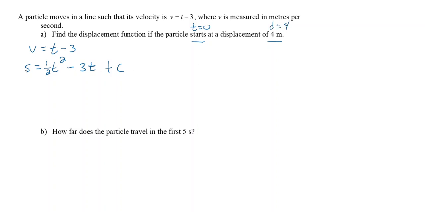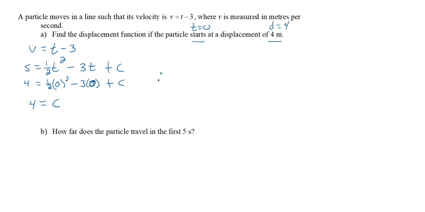So that's perfect because we can sub those things in now, right? So our distance was 4, so s is 4. That's equal to 1/2 times 0 squared minus 3 times 0 plus c. So then we get 4 is equal to c.